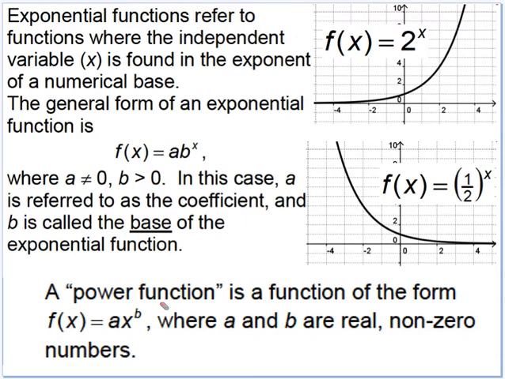What I want to do now, this is not in your notes. I just want to go over the differences between exponential functions and power functions. You should already have most of this down in your notes. I just want to verbally and visually go over it with you real quick. So a couple things. Your power function, here's your rule. Notice where your variable is.